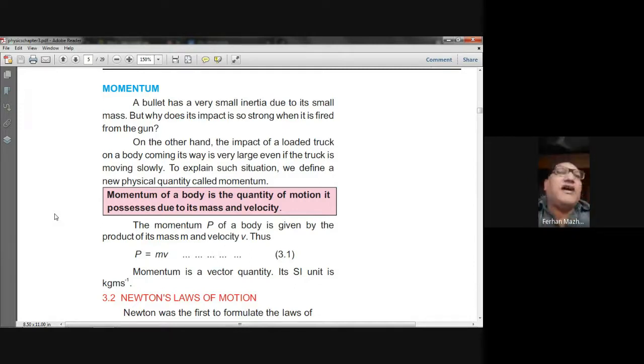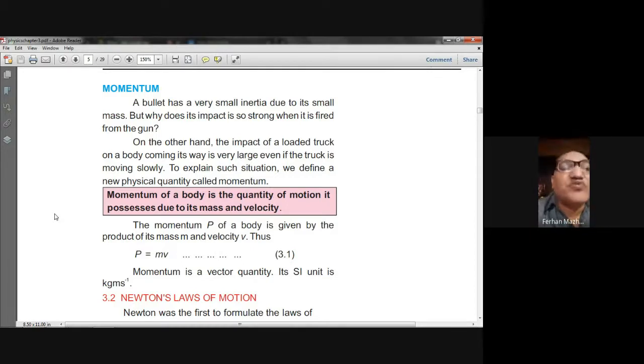Okay, so momentum. A bullet has a very small inertia due to its small mass. But why is its impact so strong when it is fired from the gun? On the other hand, the impact of a loaded truck on a body coming its way is very large, even if the truck is moving slowly.